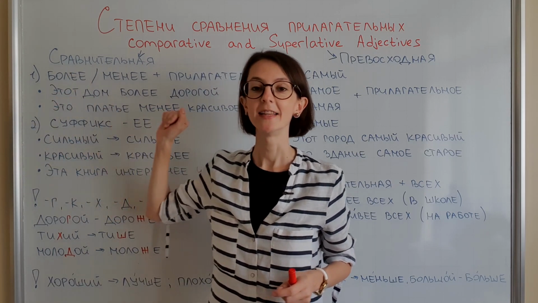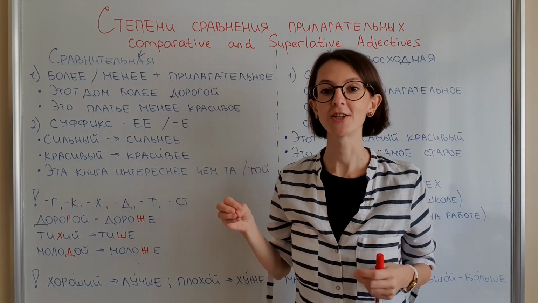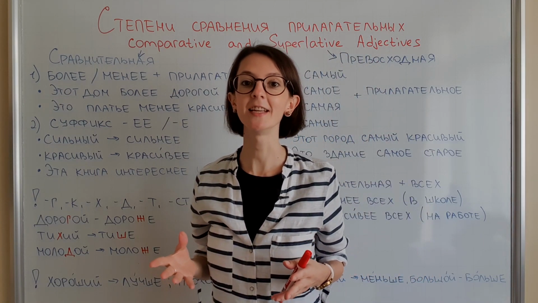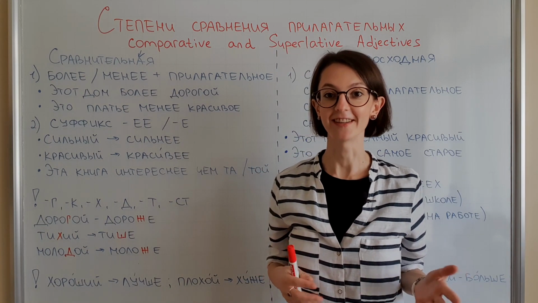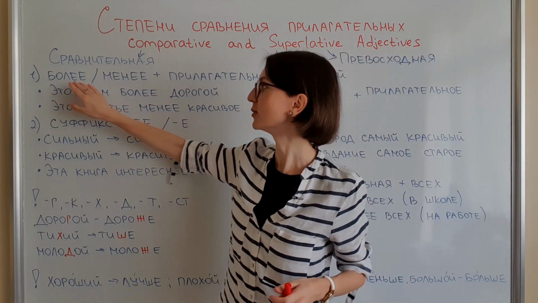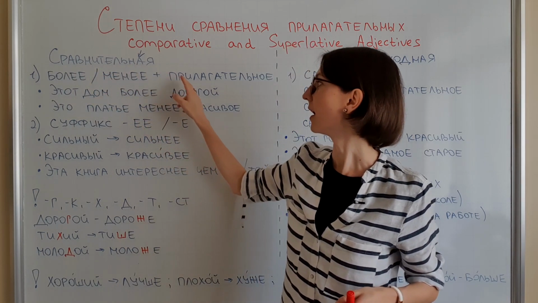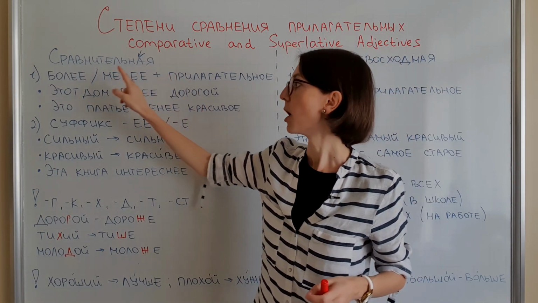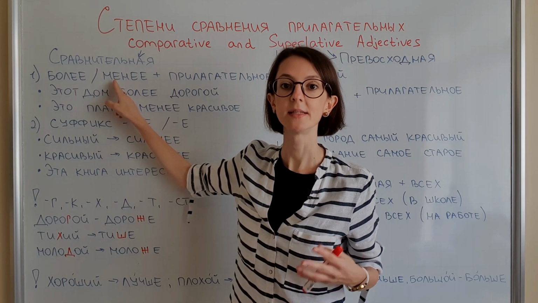The first one is the easiest way for non-Russian speakers, but unfortunately it's not very used by Russians. So here we need to add более, менее before adjective. Более means more, менее means less.